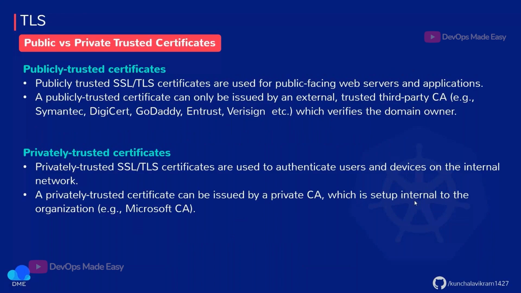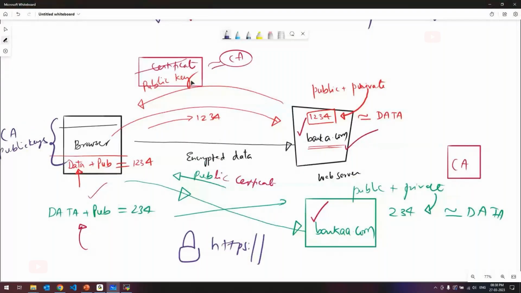Now, these are all the public CAs we talked about, like DigiCert, Comodo, GlobalSign. These are public CAs, which means they can only certify domains which are publicly available, like github.com. GitHub.com is a publicly available domain, not restricted to any private organization.